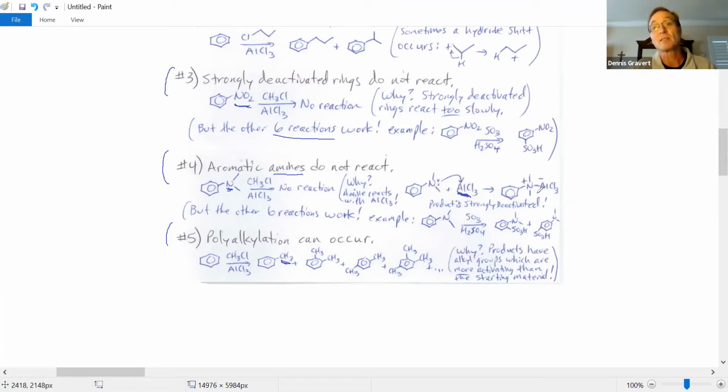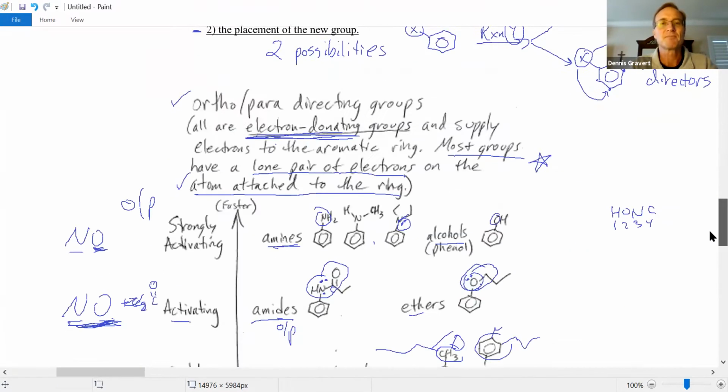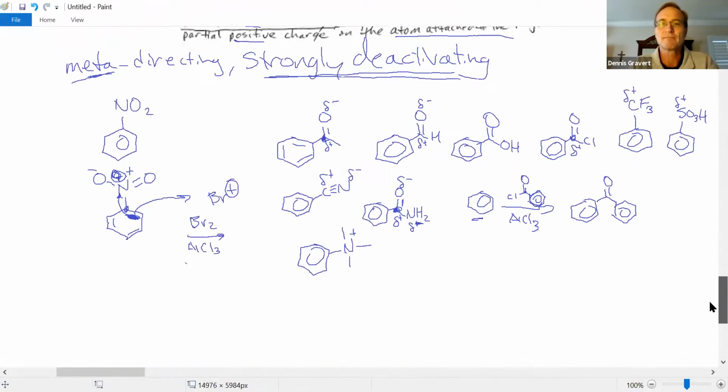It still doesn't react because now, after the amine reacted with the catalyst, it's a meta director. It's strongly deactivating, and then limitation number 3 kicks in. Yeah, so now this ring still won't react, even if you still have extra catalyst. Dang it, chemistry. But at least there's some logic behind it.